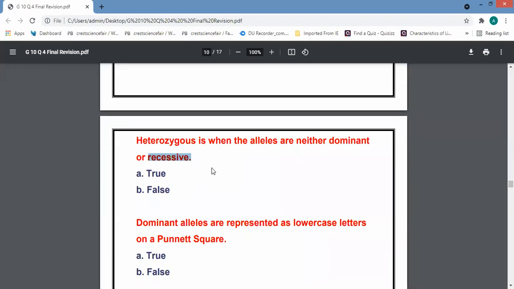Recessive may be heterozygous? Recessive is always pure, so recessive is always homozygous, not heterozygous. So this answer is false, not true.